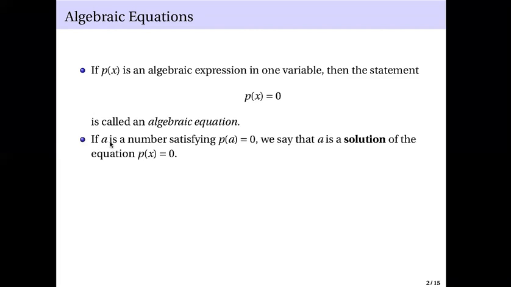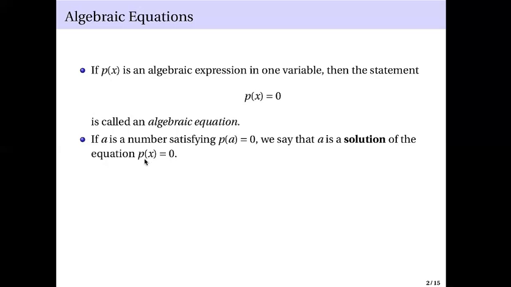Now if a is a number satisfying this equation, p of a equals 0, meaning we found some number a, and if we substitute it for x in here and we still have the equality, we say that a is a solution of the equation p of x equals 0.